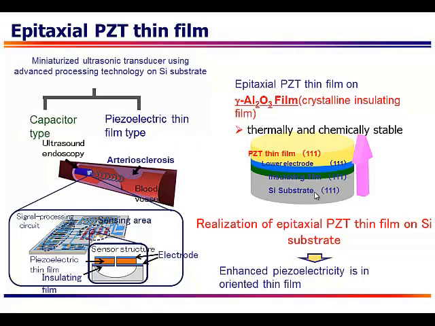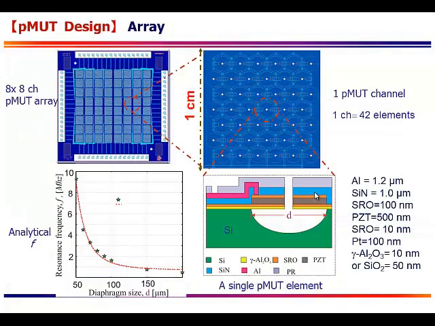So how we designed the pMUT array. On the left side, you can see the 8 by 8 channel pMUT array we designed, and each channel consists of 42 elements, and you can see the detail inside that.